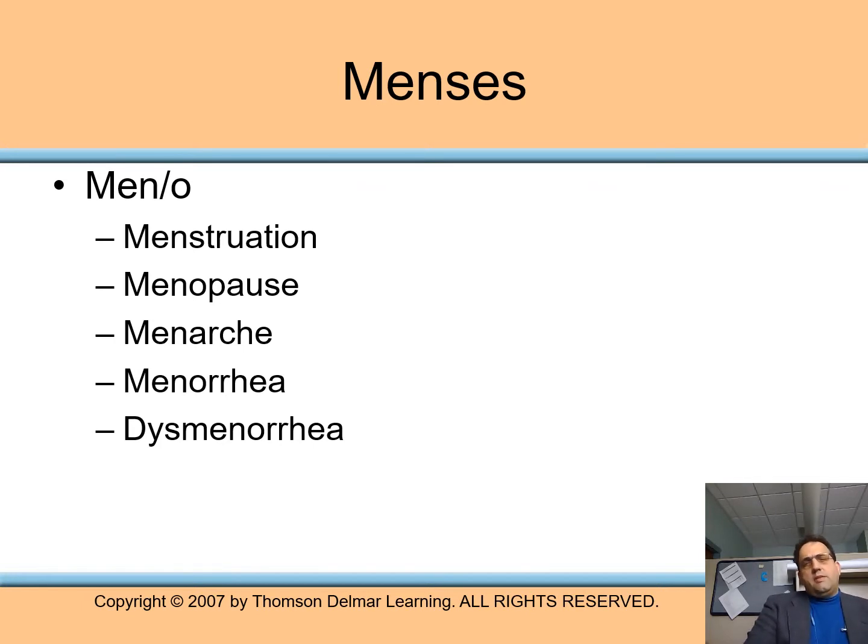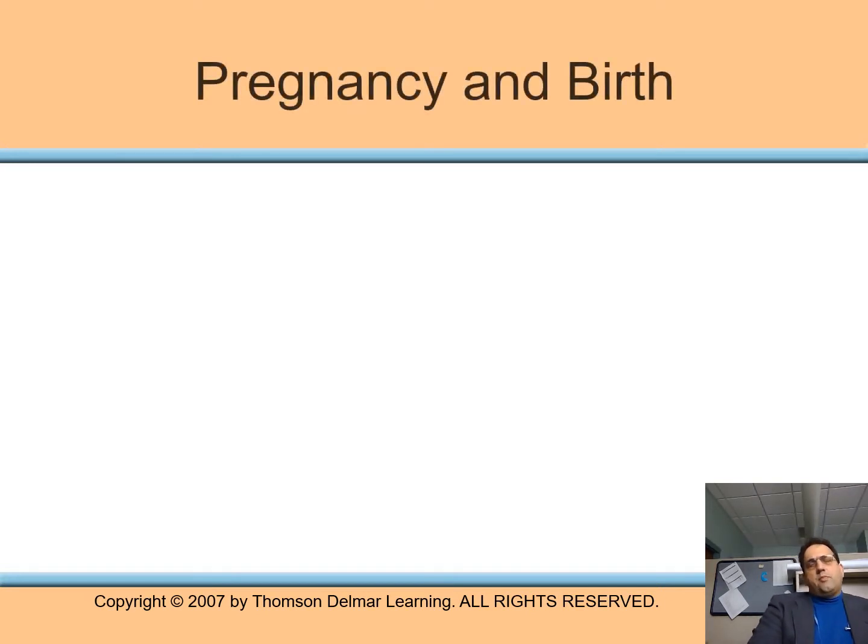Menarche is the technical name for the onset of menses. And menorrhea is the flow of blood and tissues that happens during the menstrual period. Dysmenorrhea would be a bad, usually more painful version of normal menorrhea.